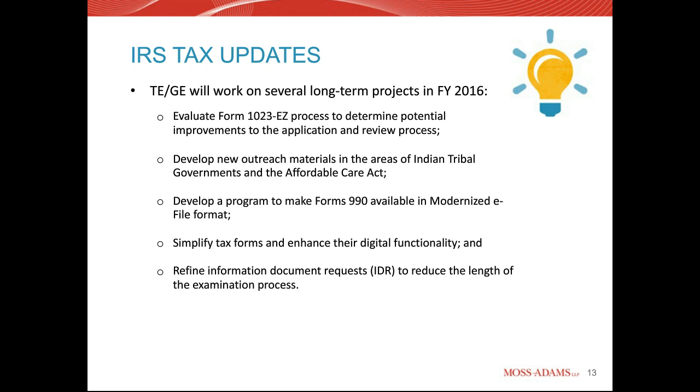They reduced the user fee from $400 to $275. And they noticed that, out of the first year using the Form 1023-EZ, 52% of all the applications they received were using this form. So that's also helped speed up the IRS processes, and they're happy with that so far. So hopefully their audit will show people are complying.